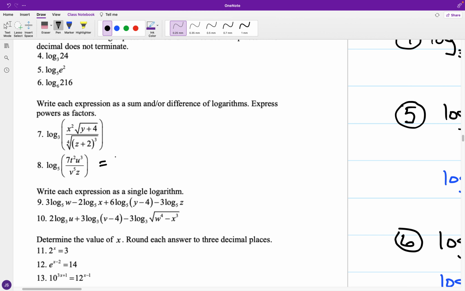So itemizing, you have the base 5 logarithm of 7, plus the base 5 logarithm of t squared, plus the base 5 logarithm of u to the third, and with v to the 5th and z in the denominator, we have minus 5 times the base 5 logarithm of v to the 5th, minus the base 5 logarithm of z.